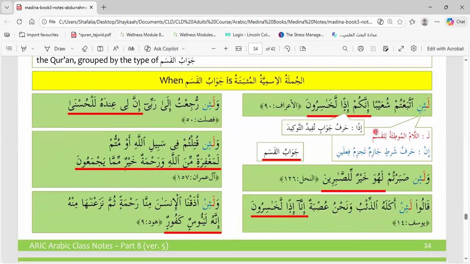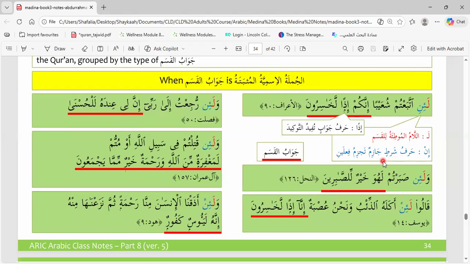al-qasam. We'll see here that the lam is a lam al-muti'atu lil-qasam. And the in here is the jawab or shart, jazimun, which jazimu fi'laini. You have either harf jawab, which gives emphasis.